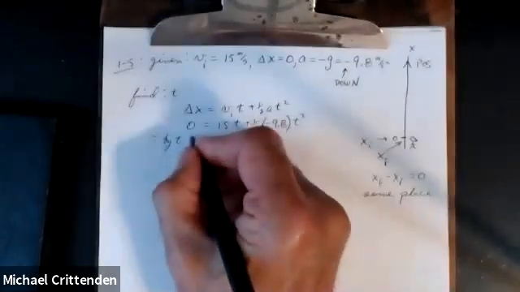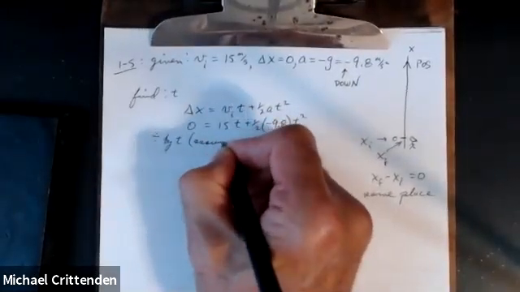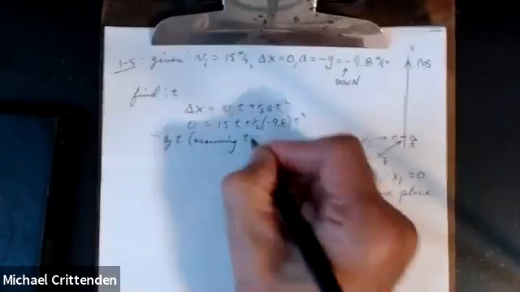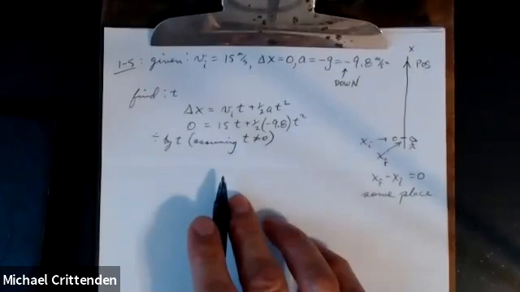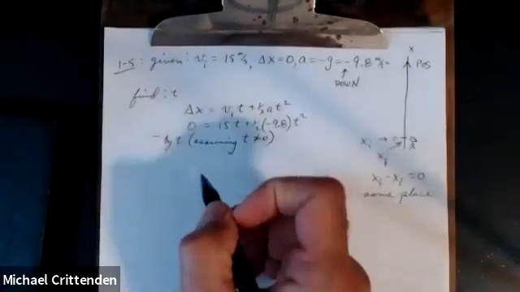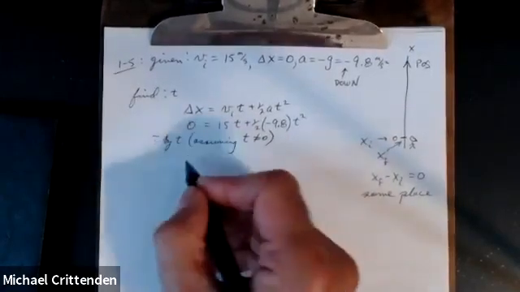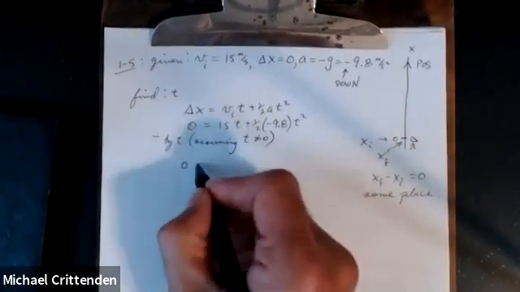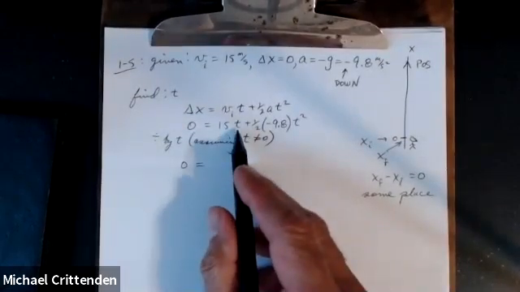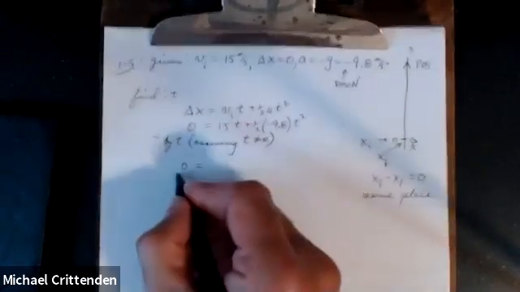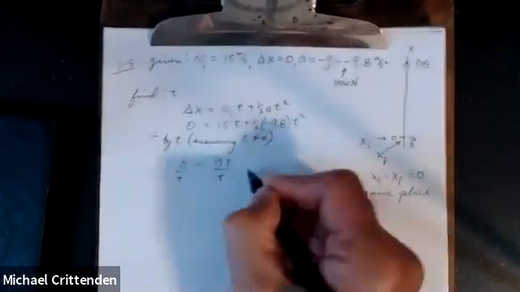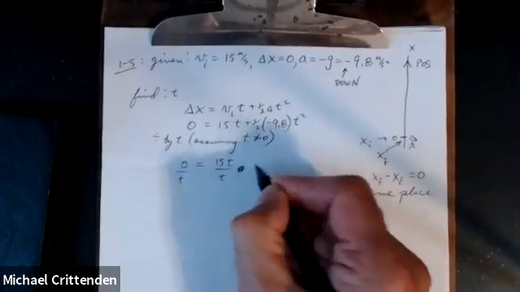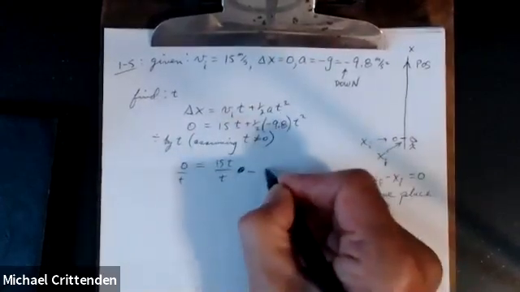So assuming time is not 0, which seems like a pretty good assumption in this case, 0 divided by t is 0. Over here, maybe I should write it all out. 0 over t, 15t over t, minus 4.9.